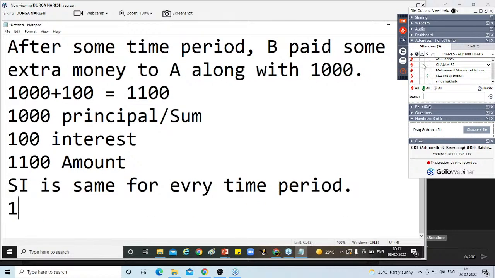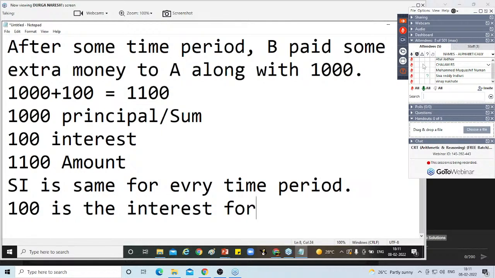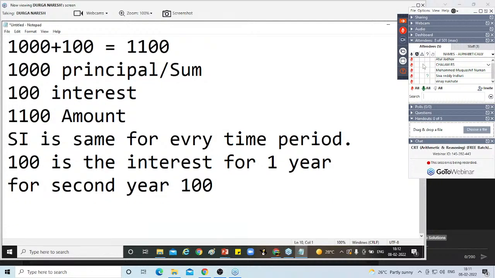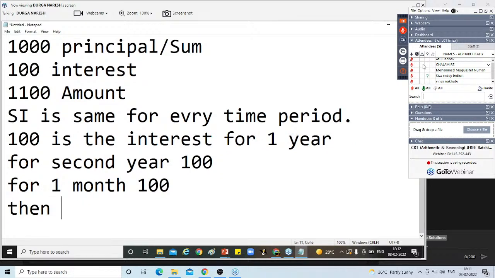Because for example, 100 rupees is the interest for 1 year, for second year also 100 rupees. If for 1 month 100 rupees, then for second month also 100 rupees. So here the time period may be years, may be months. Get it, all of you?